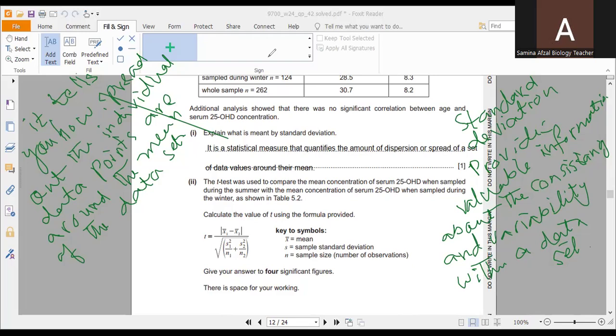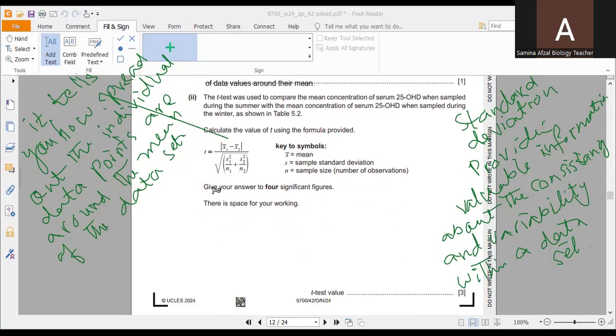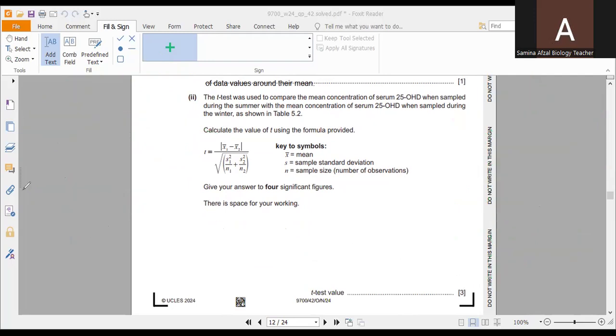Now we are moving towards the next question. A t-test was used to compare the mean concentrations of serum 25-OHD when sampled during the summer with the mean concentration of serum 25-OHD when sampled during the winter, as shown in table 5.2. Calculate the value of t using the formula provided.